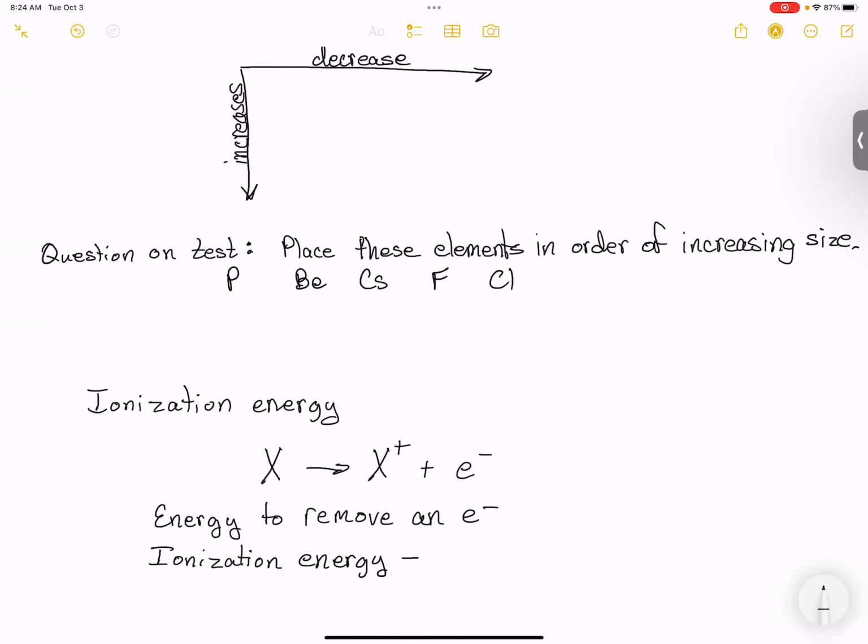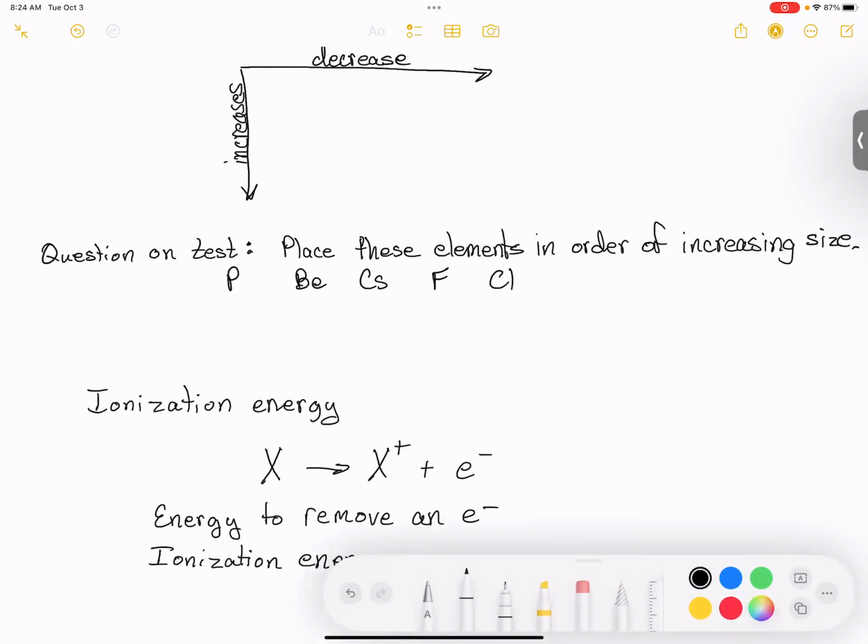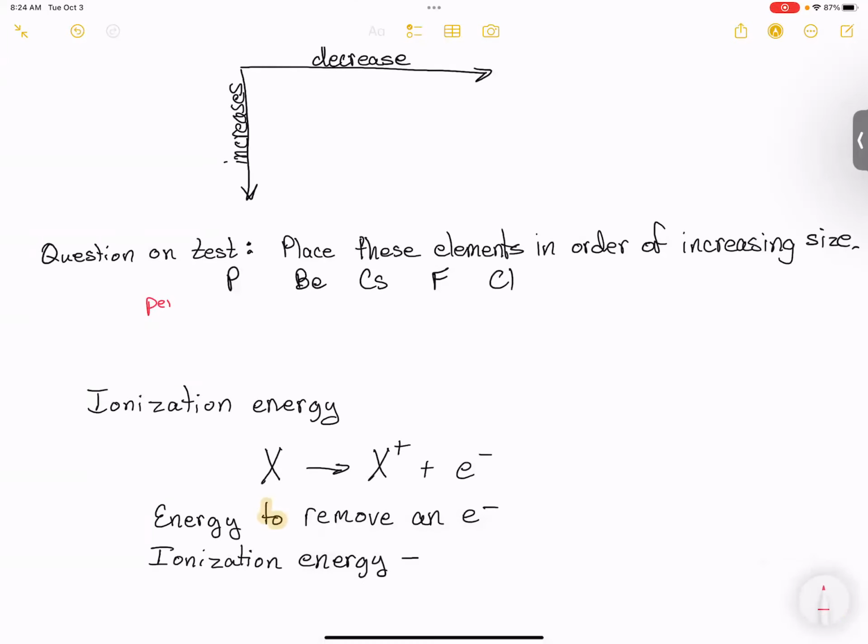First thing I would do, folks, if I'm given this, is assign the period. Period 3 for phosphorus, 2 for beryllium, cesium is in period 6, fluorine is in period 2, chlorine is in period 3. Can anybody tell me why I assigned the period number first?